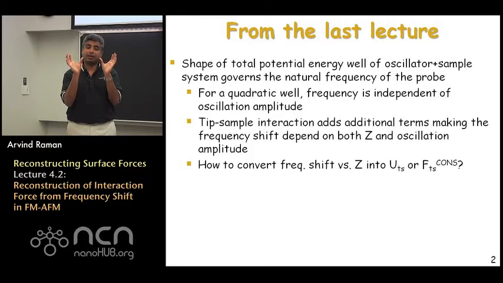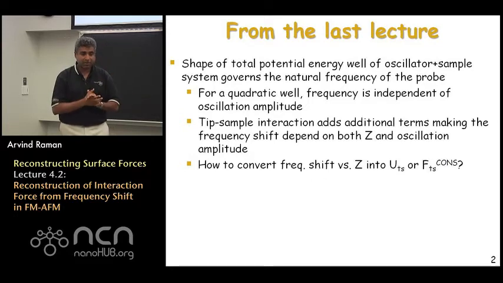In the sense that when Z starts decreasing, the effect of the interaction potential starts becoming more and more apparent in many ways. One, that the well becomes shallower. Another, that the position of the minimum actually starts shifting. And lastly, that the well is not going to be quadratic, its shape gets changed. In fact, it often starts becoming asymmetric.